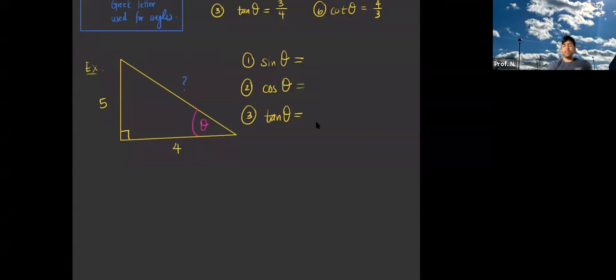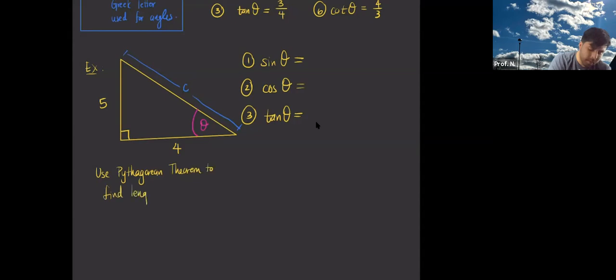Right, Chen, I have to apply the Pythagorean theorem. So then I say, you know what? Let me call this C, since we normally call the hypotenuse C. So then I use the Pythagorean theorem to find the length of the hypotenuse.